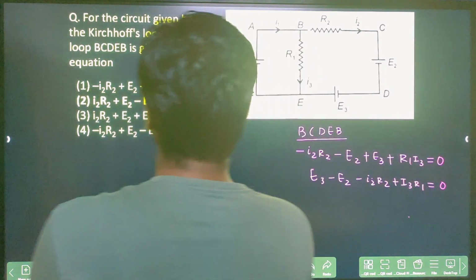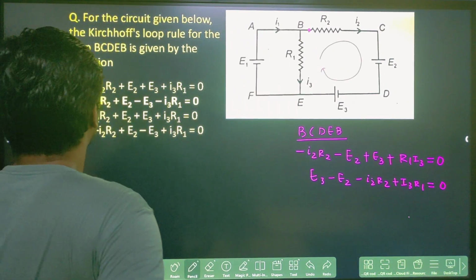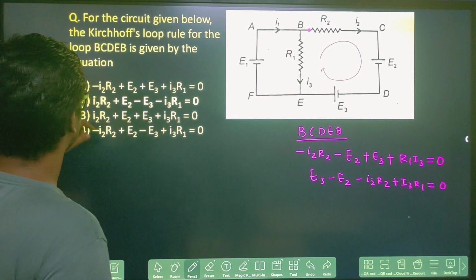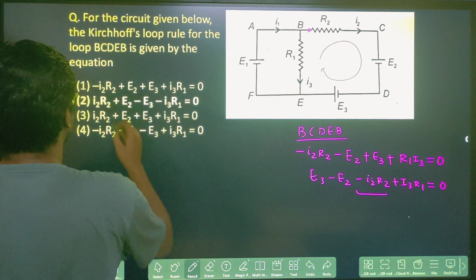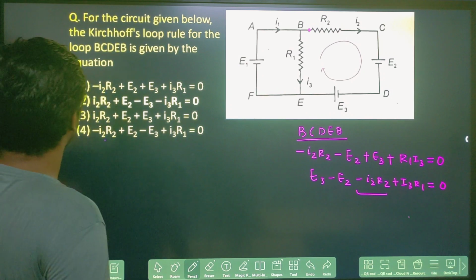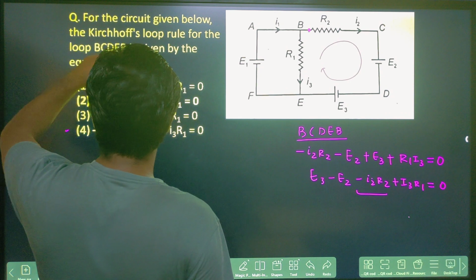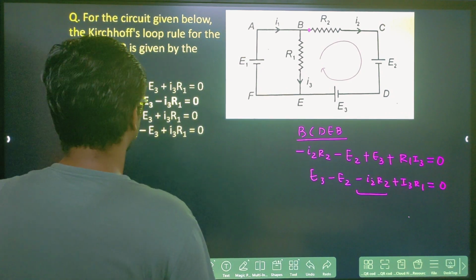Just see which option it is matching. Minus I2 R2 is there, so the first option and fourth option we have to check. Minus I2 R2 plus E2, not plus E2, right?